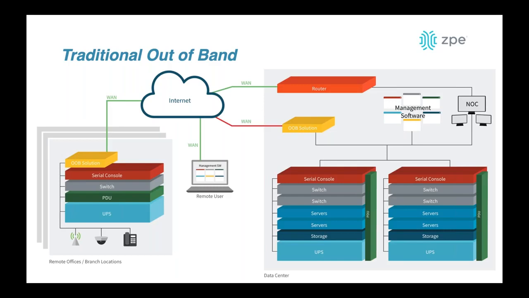So you might have one solution just looking after your serial console devices, which was maintained by your networking team. You might have one system just looking after your servers. You might have one system just for your rack PDUs and sensors, which was then managed maybe by your facilities team or by your data centers team. So most end customers ended up with multiple systems which need to be kept in sync, or they were just run completely independent.